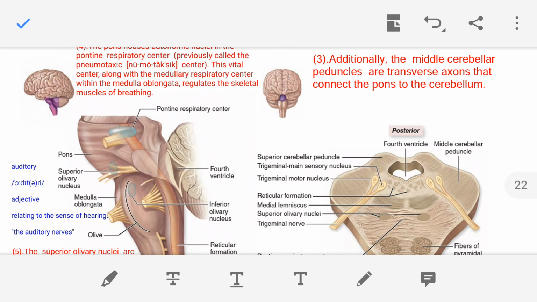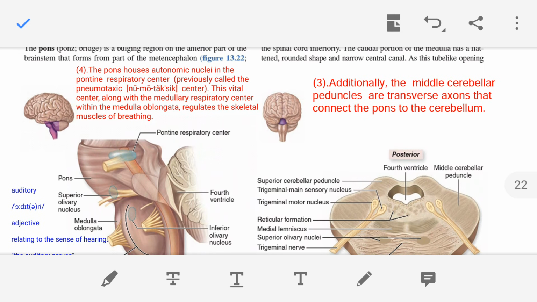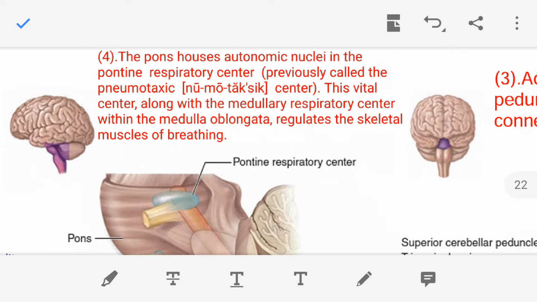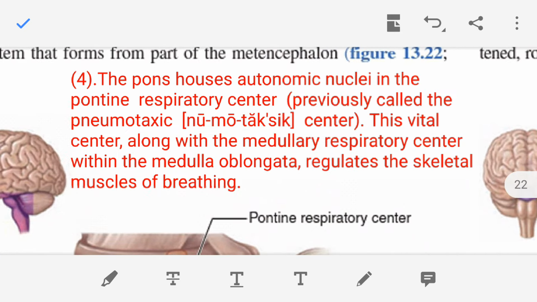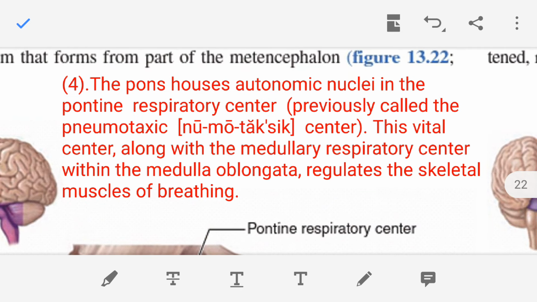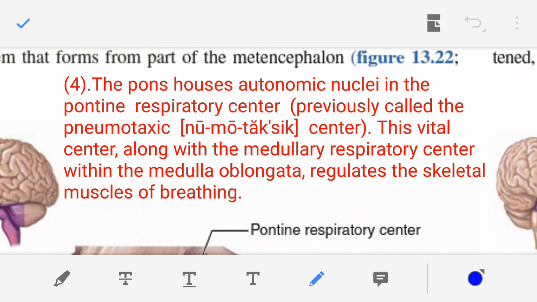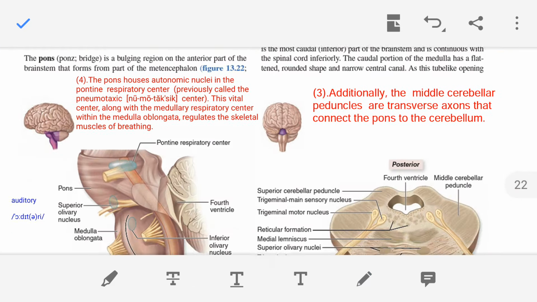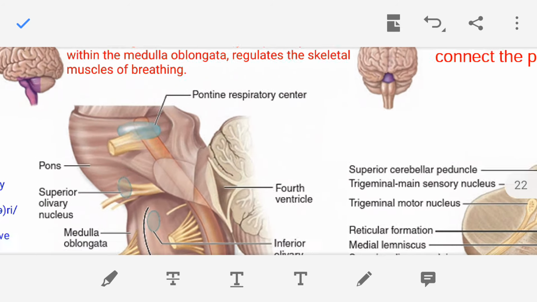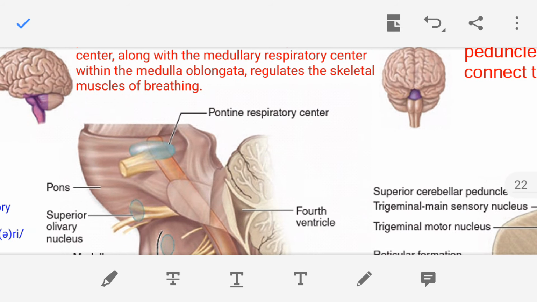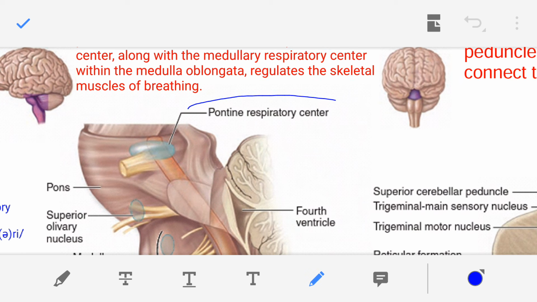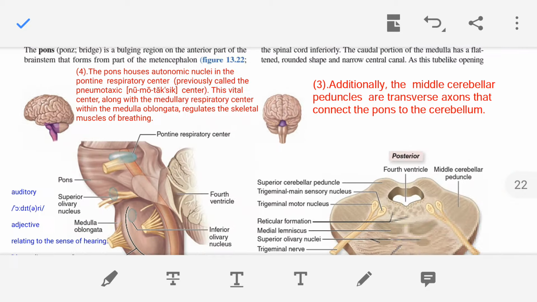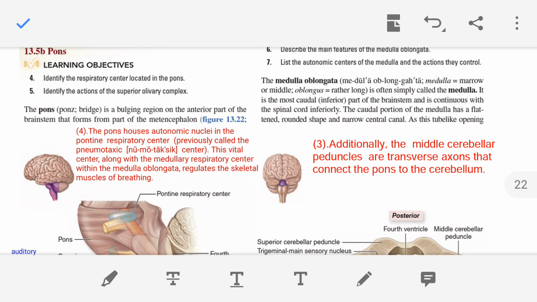Now the fourth point. In the fourth point we are discussing the pontine respiratory center. First, in the figure, see, this is the pontine respiratory center present in the pons.